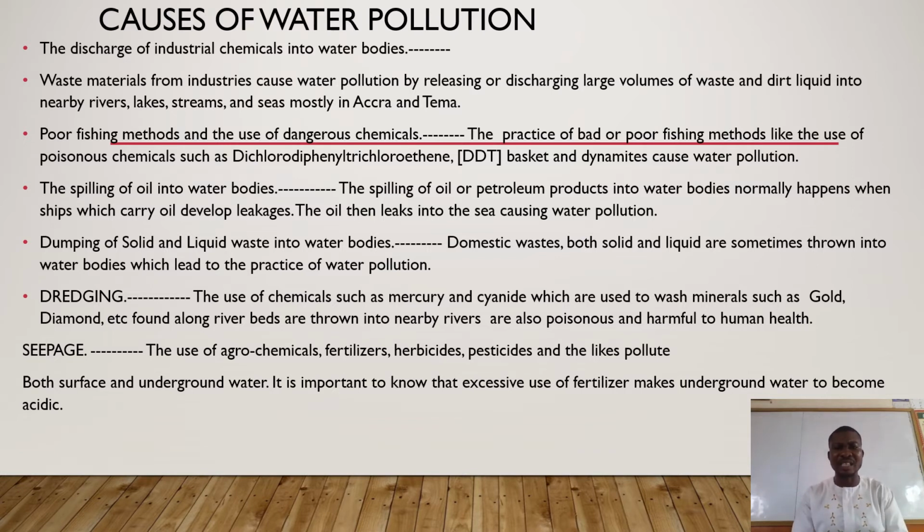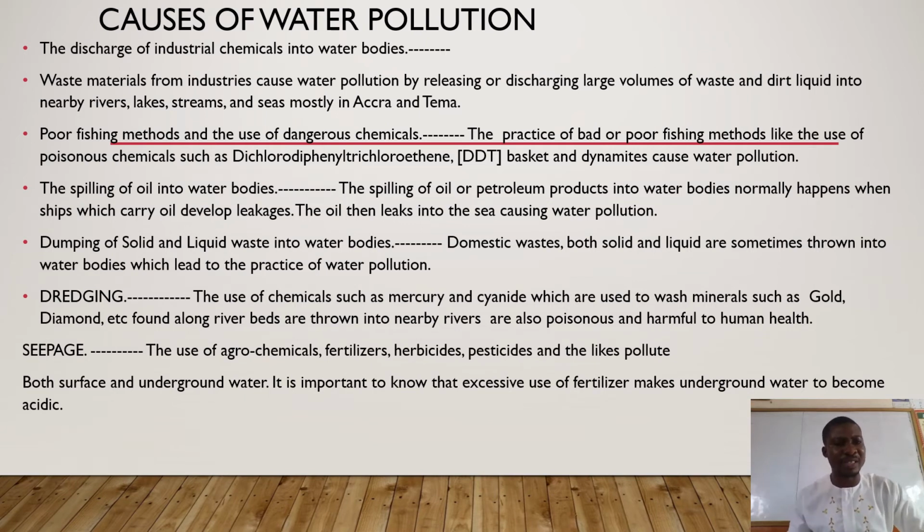So we use DDT, dynamite, etc. to cause what? Water pollution. Those things cause water pollution. Therefore, we must take note of the poisonous chemicals. It is harmful to the body. Therefore, we have to take note of these chemicals when we are fishing.